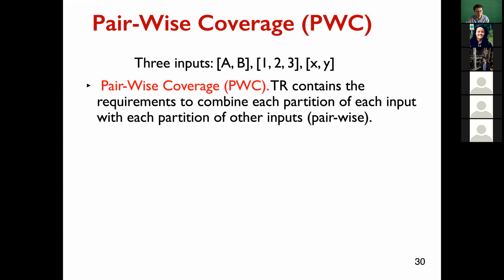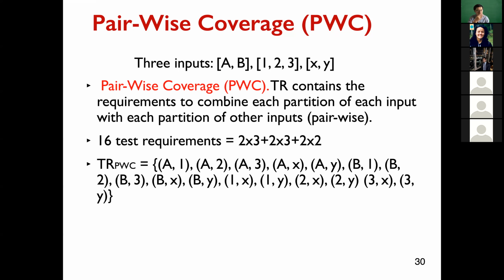For each pair of inputs, we consider all combinations between them. Okay, this is pairwise coverage. And for this example, right? We need to consider all the pairs. First pair, the first input and second input, right? We need to do A1, A2, A3, B1, B2, B3, right?